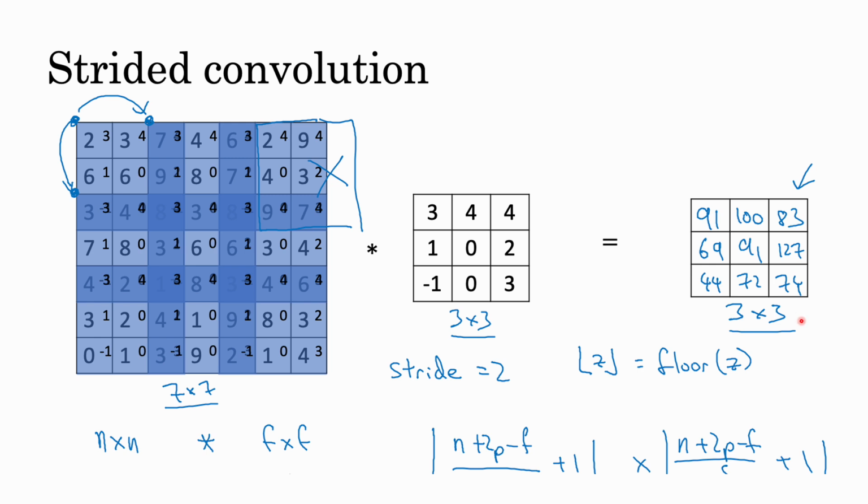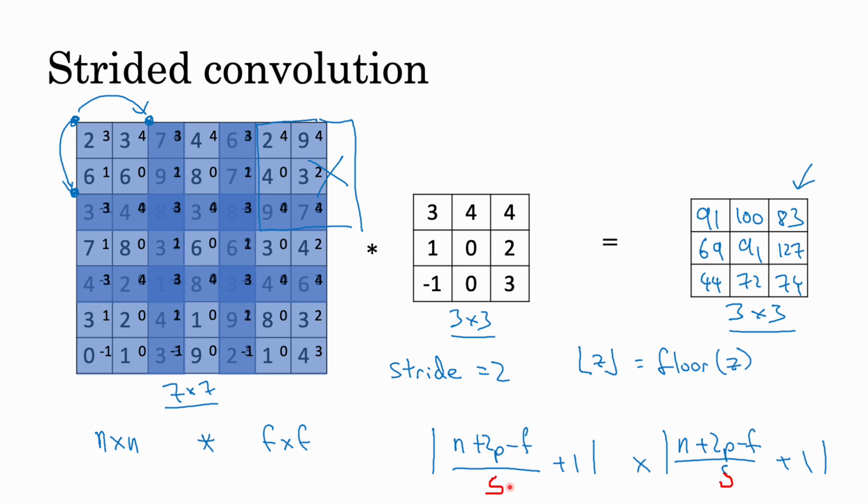Here we also have a formula to decide how this stride is working. The formula is floor of (n plus 2p minus f) upon s, plus 1. This is the same formula which you have seen in the previous slide when we were talking about padding. Now the n plus 2p minus f part of the formula is divided by s.